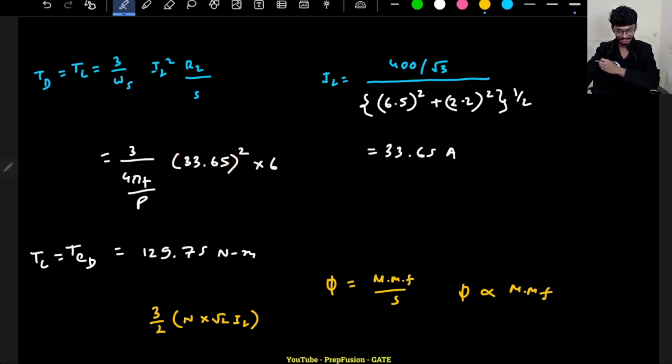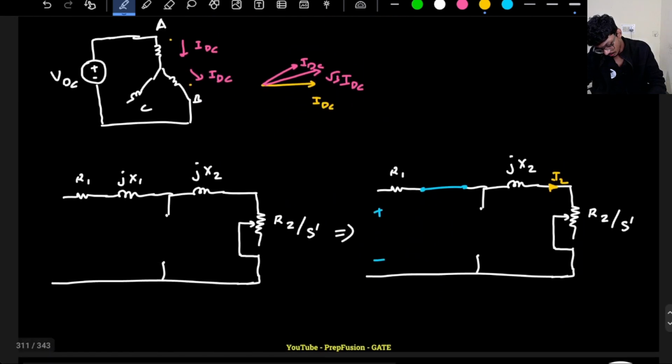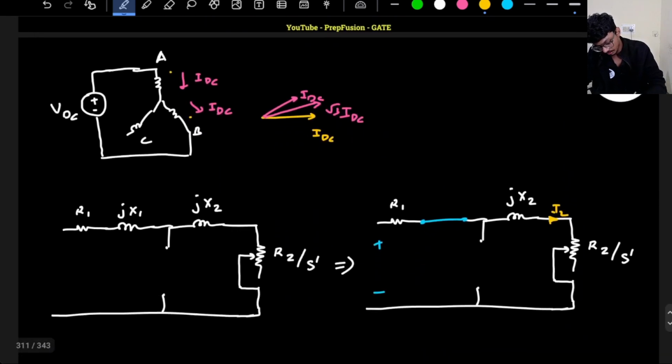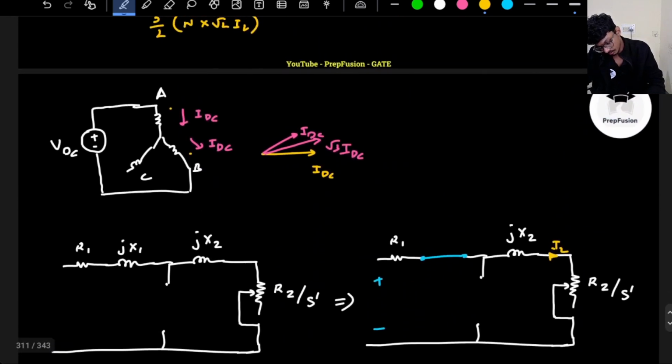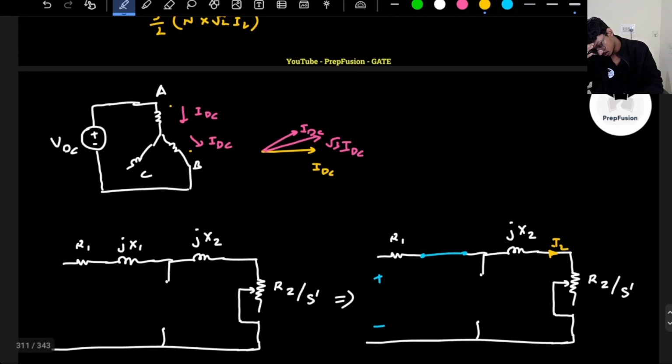You cannot ignore it. So from here I can easily find out my IDC. I2 still has to provide the same MMF, okay, yeah, because the torque will change.